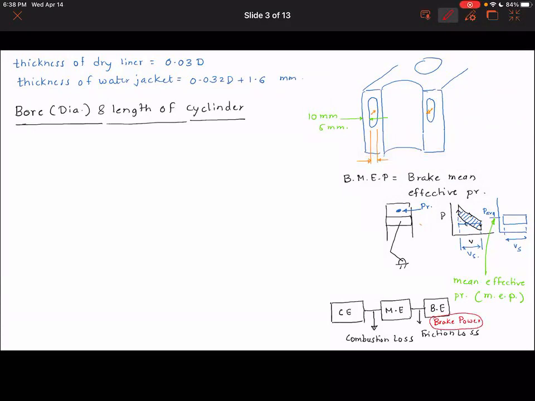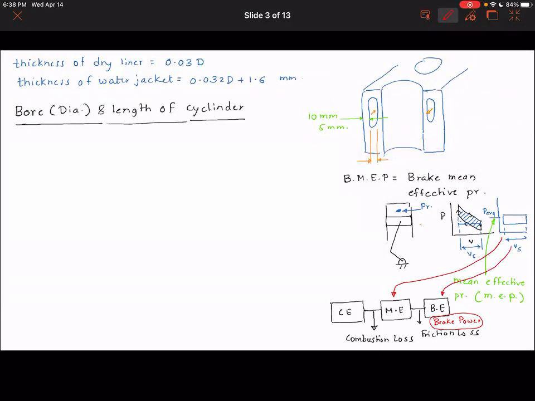So I want you to understand, if you were to look at the pressures at the end of combustion, you can construct this diagram for the mechanical energy, which is over here. You can construct this type of diagram for the brake energy, which is over here.